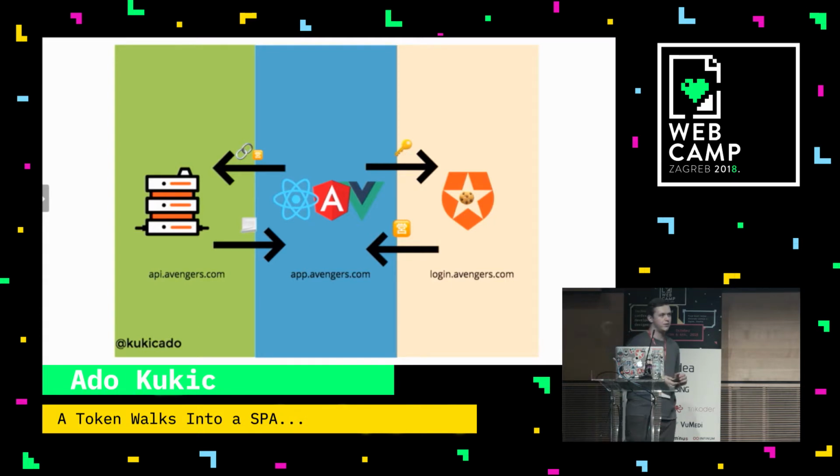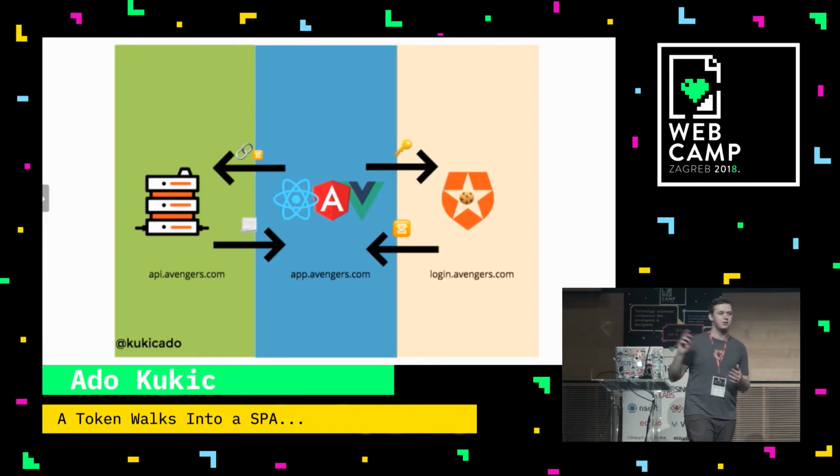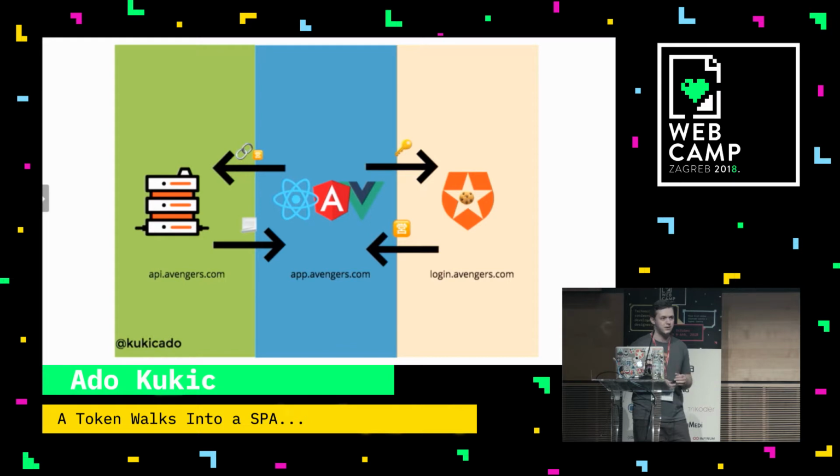Our single page app really has nothing to do with the authorization server other than sending the user back and forth. So if you were to refresh that single page application, the user would still be logged out because that in-memory Axios token, that JSON Web Token, would be destroyed. So how do we get around that without giving the users a really crappy experience where they have to log in every single time the page is refreshed?